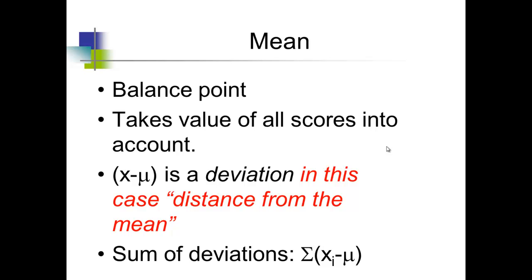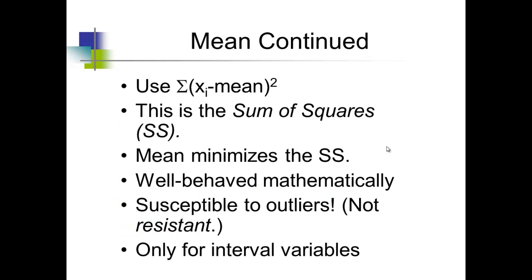And then another thing that some will do is to sum up those deviations, and you'll get the sum of deviations. So every time you calculate a deviation for every observation in your data set and then add those up. This can sometimes be problematic.